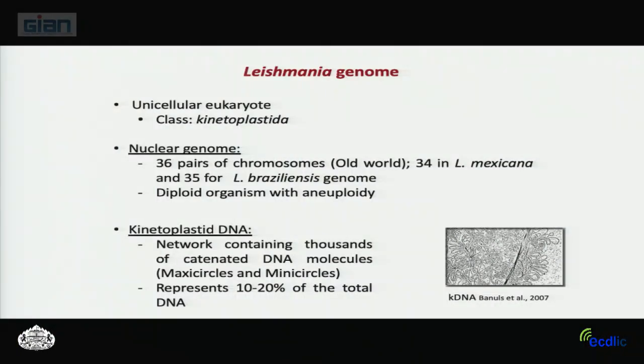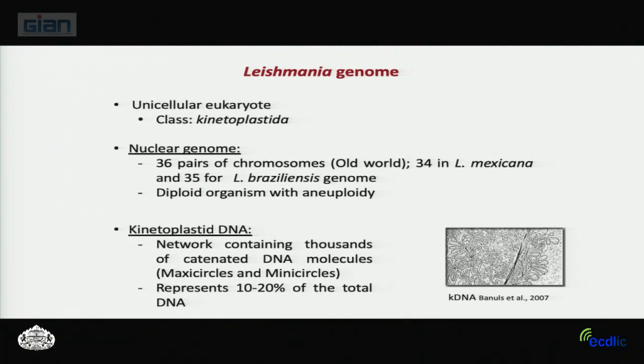Just some general points about the Leishmania genome. Again, this is a unicellular eukaryotic pathogen in the class Kinetoplastida. The nuclear genome, for most strains, is 36 pairs of chromosomes, and those are all the strains from the Old World, like Leishmania donovani.